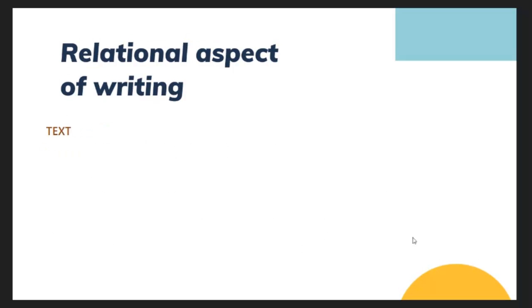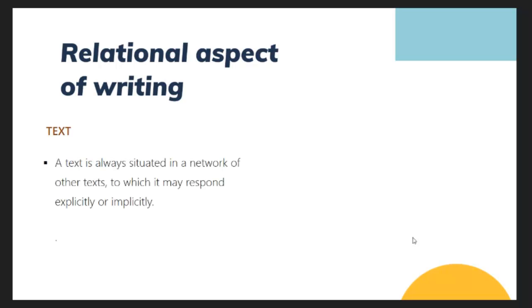We have also another element, which is text. It is said that the text is always situated in a network of other texts. Explicitly, we can take the example of a reply to an email, or implicitly, we can look into literary work.